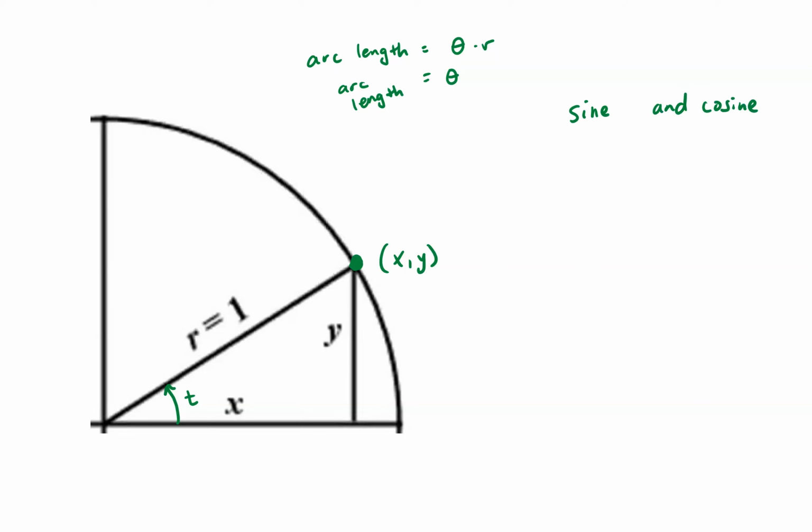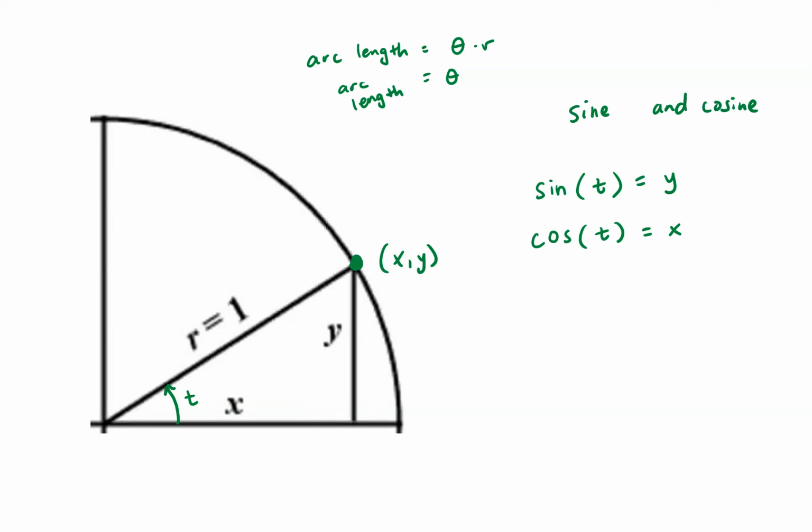So when we are looking at an angle on the unit circle, sine of that angle, with the notation sin, parentheses, whatever the angle is, is equal to the y-coordinate of the terminal point. And cosine, written cos, parentheses t, is equal to whatever the x value is of the terminal point.